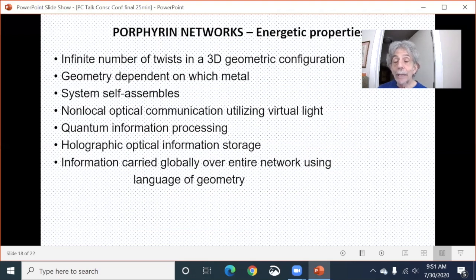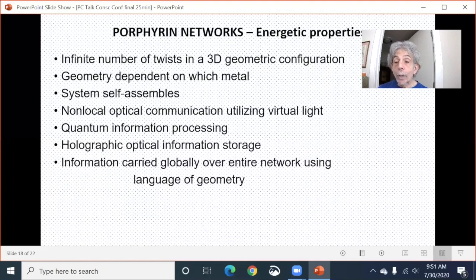I mean, there's almost an infinite number of twists and turns you could use to twist the actual geometric shape. And what I'm proposing here is that this geometric shape is in fact made up of virtual light energy that's generated from the phase conjugation process.